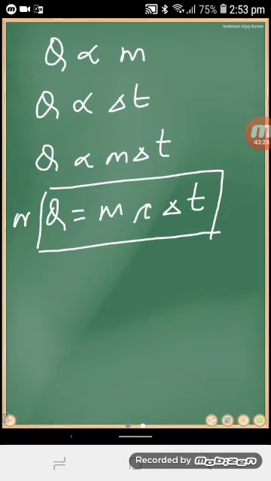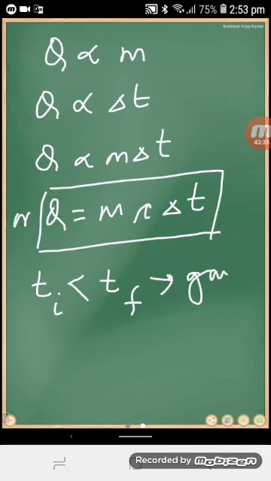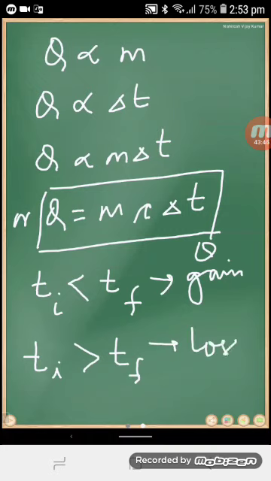What I mean to say is, if I have Ti as initial and Tf as final, if Ti is less than Tf, Q is gained, absorbed. If Ti is greater than Tf, then it is a loss, heat is being lost.